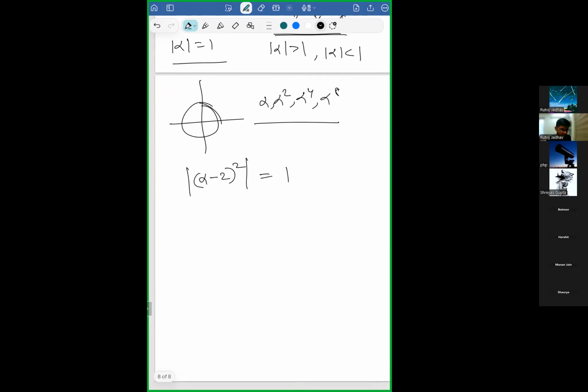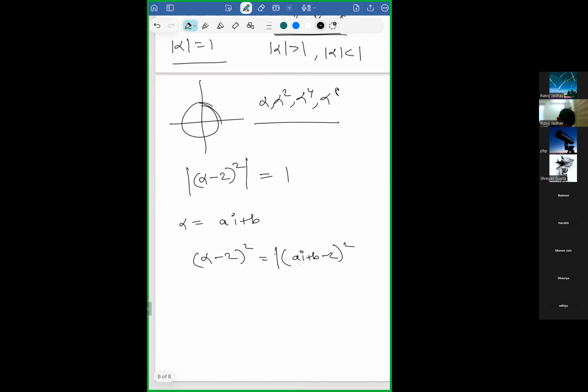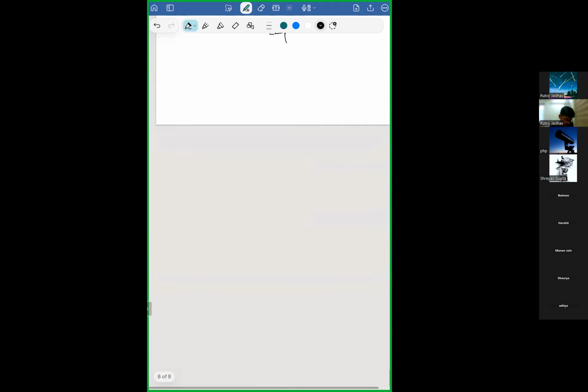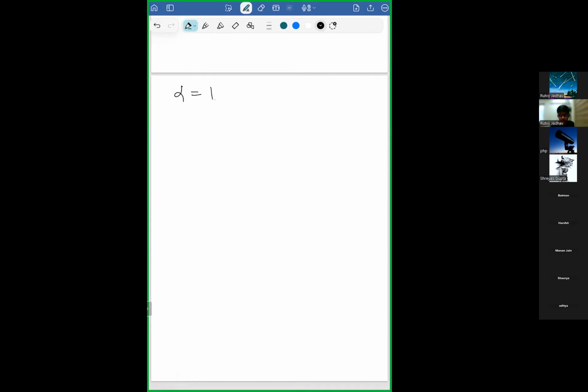Or you can also formally prove this, like just say alpha is ai plus b, then, I mean, if you simplify this, you'll just get that this can't be 1. I won't go into the details. So basically, from here, we can just get that alpha has to equal 1.